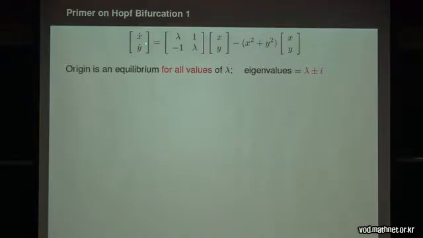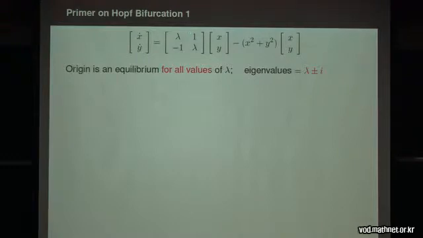So here's the idea. Let's look at this simple third-order polynomial, degree 3, differential equation. It sort of gives you the whole picture. If you forget about the nonlinear term, just from linear theory, if lambda is less than 0, the eigenvalues are going to have negative real part for this matrix, and the solutions will all spiral in towards the origin.